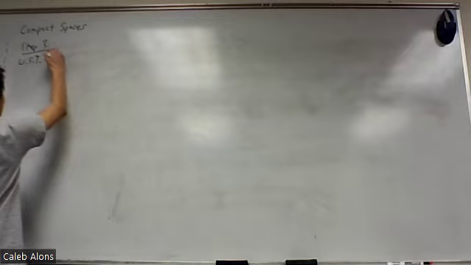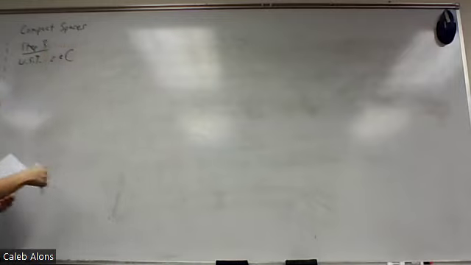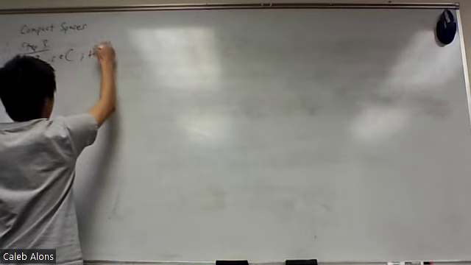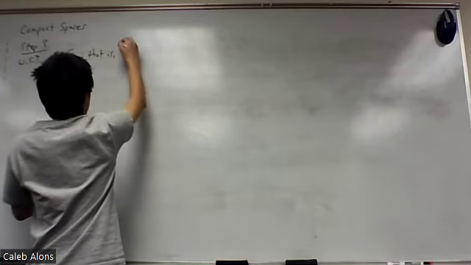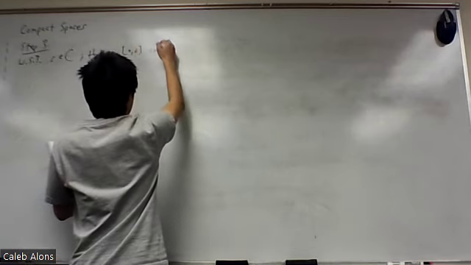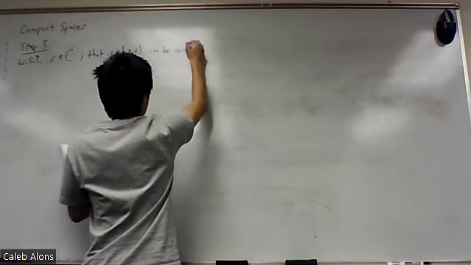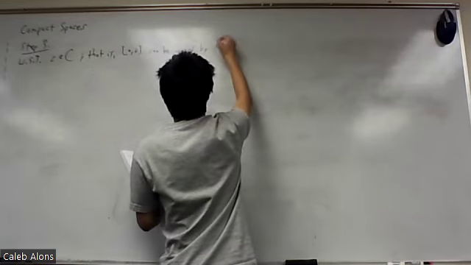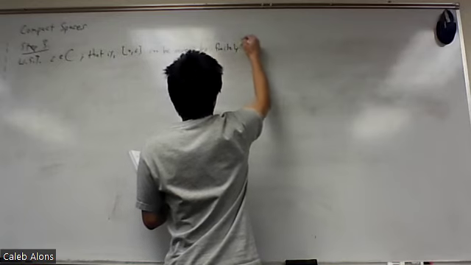We observe that C has to be in C, the way that we define it. So if I take A up to C, this can be covered by finitely many elements. It's compact.